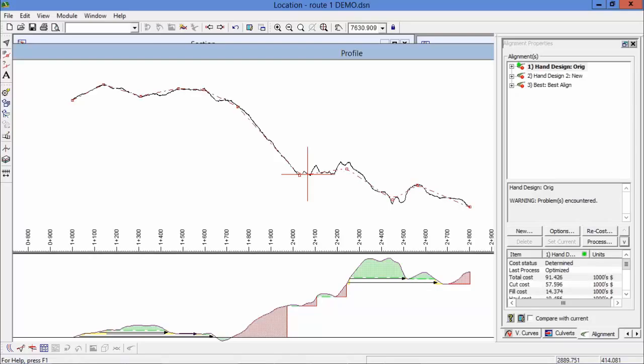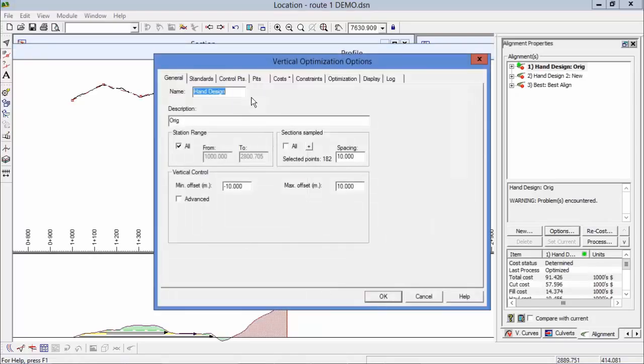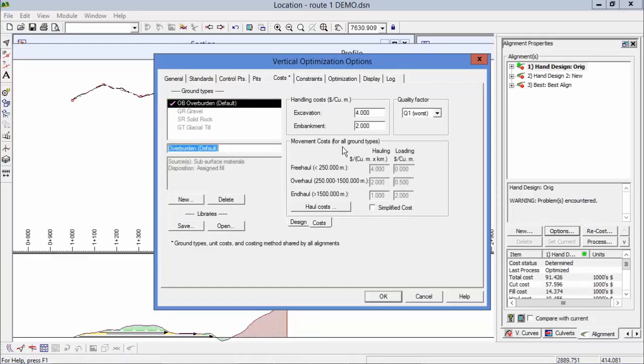To answer this question, it essentially goes to our cost structure here. Our movement cost is a bit sophisticated. It allows us to take into account free-haul, overhaul, and haul.